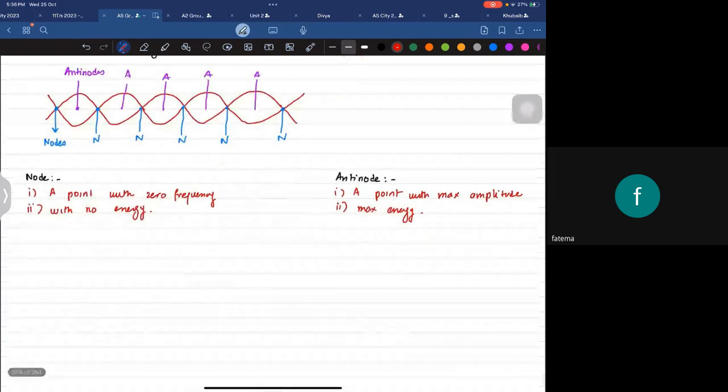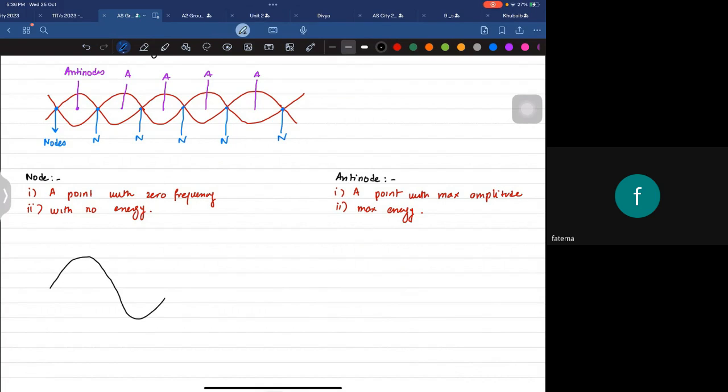Now, if you look at a wave altogether, it looks like this right now. I'm just taking one part of it out. From this part, you should already know that this is a node, this is a node, and this is also a node, and these are antinodes.